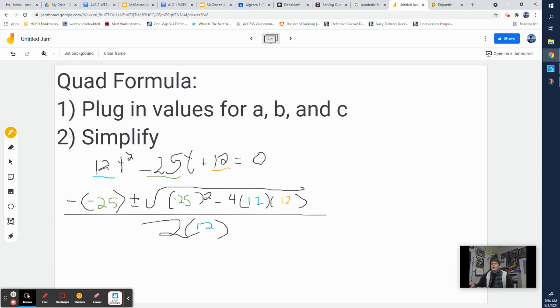And now let's start simplifying here. Like I mentioned, we get that double negative, so that makes positive 25 on the outside there, plus or minus the big square root of 25 squared. Is that 625? It is. Minus 4 times 12 times 12.